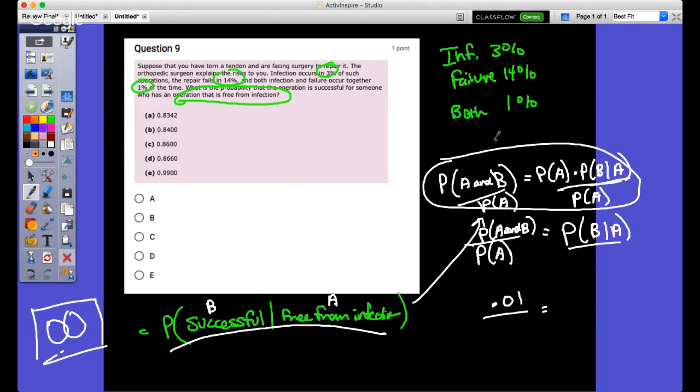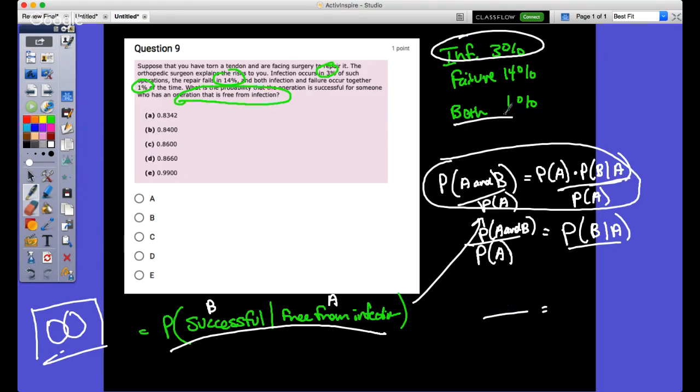The probability that A occurs, or the probability that they are free from infection, would be... okay, hold up just a second. I think I just messed up here because I did it backwards.